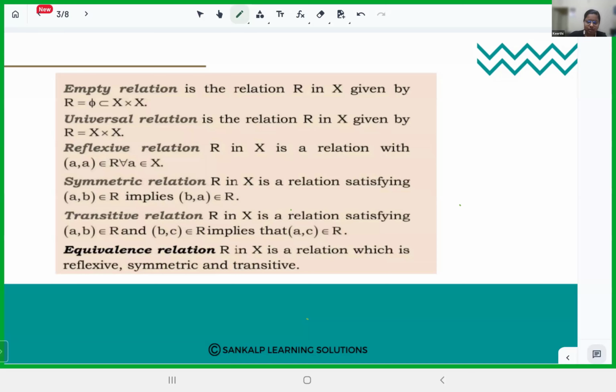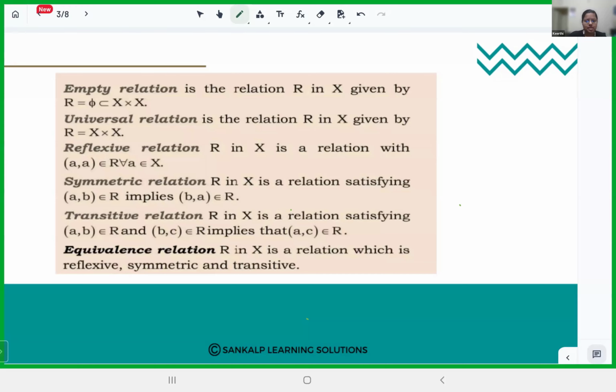Not only that, there is an extra condition: the ordered pairs in the relation should have some relation, that is, those elements should be related in one way or the other. So that is known as a relation, and we know what a function is, right?